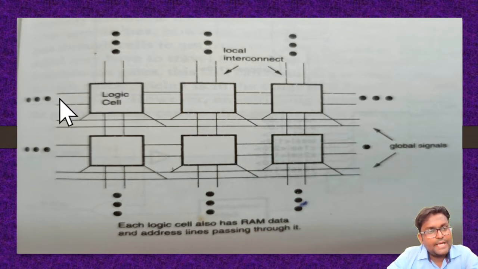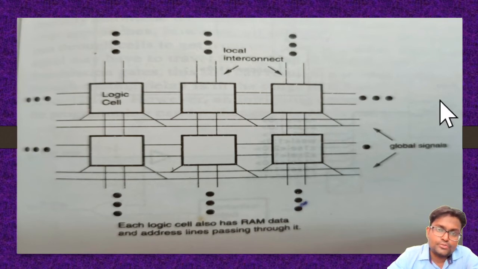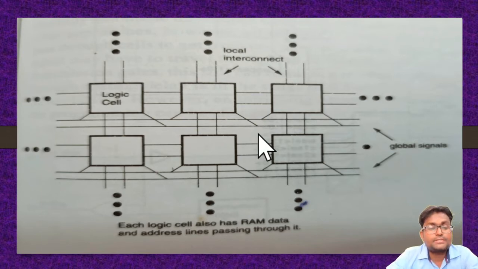One more thing is there. We know that here 32 logic cells are connected on the rows side, and 32 logic cells are connected on the column side. When we need to provide some input to this FPGA, or when we want to extract some output from this logic cell, then at that time we can provide this input or take the output from the four sides of this FPGA.